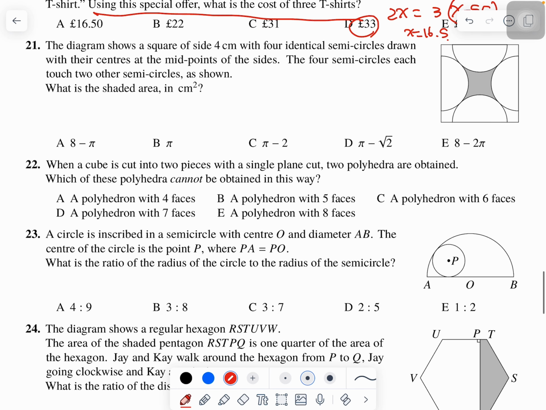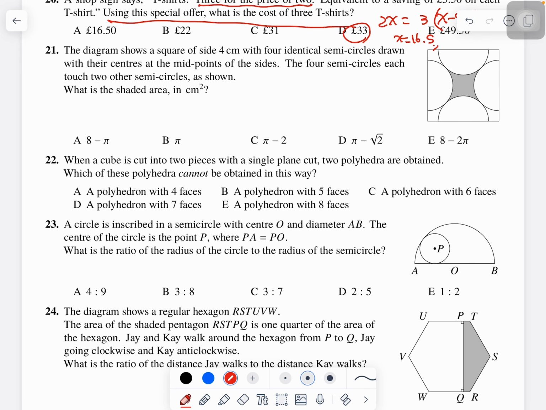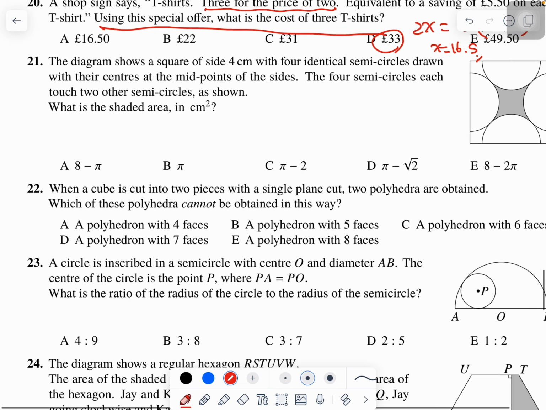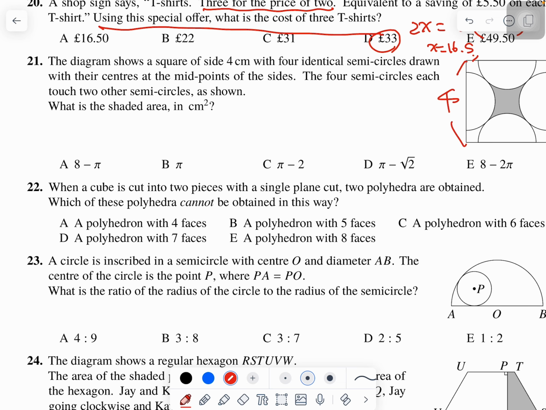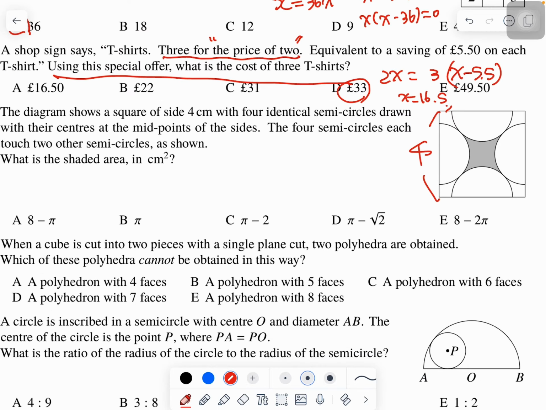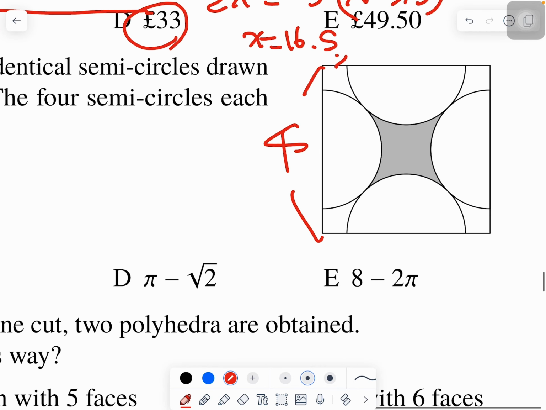And number 21, side 4 with 4 identical semicircles drawn, shaded area. So here, this is the side 4 of the square, yeah. So this is the one. Let's think about it.